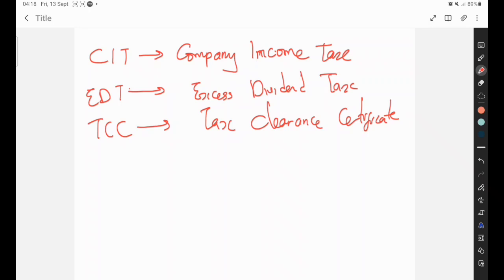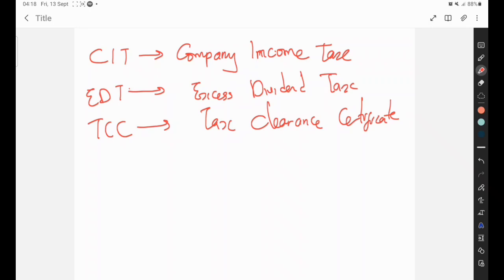Now, when it comes to CIT, only the federal government, which is the FIRS, collects CIT. So CIT is only payable to the FIRS. Now, CIT is company income tax. And who pays CIT?